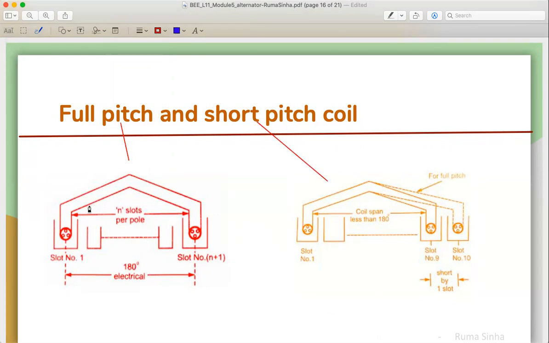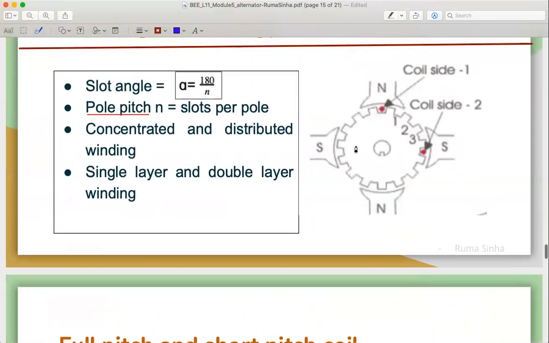So when we have this distance of 180 degree, what does that mean? That means if a coil side is placed here, the coil side with which it will be connected is here. So from this pole to this pole. If it is here, then this will be here. If it is here, then it will be here, like that.